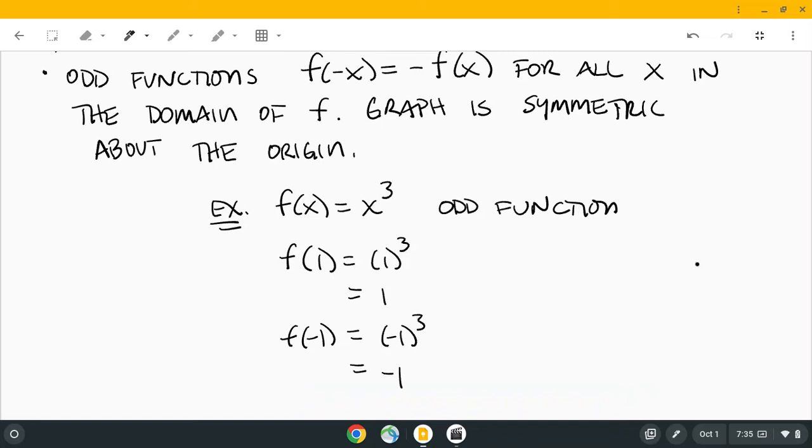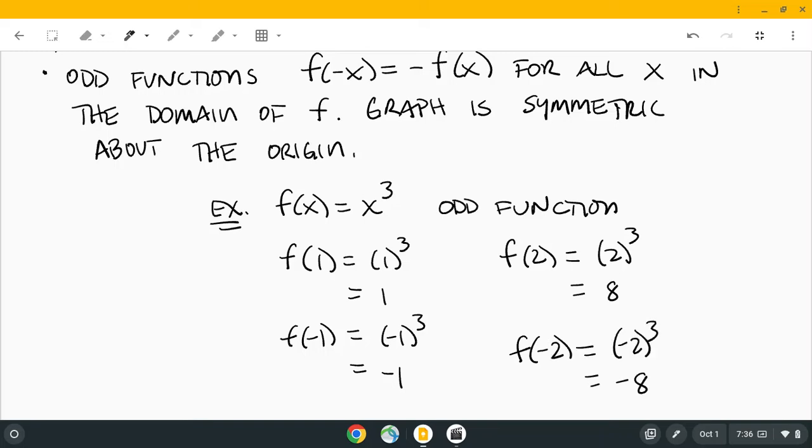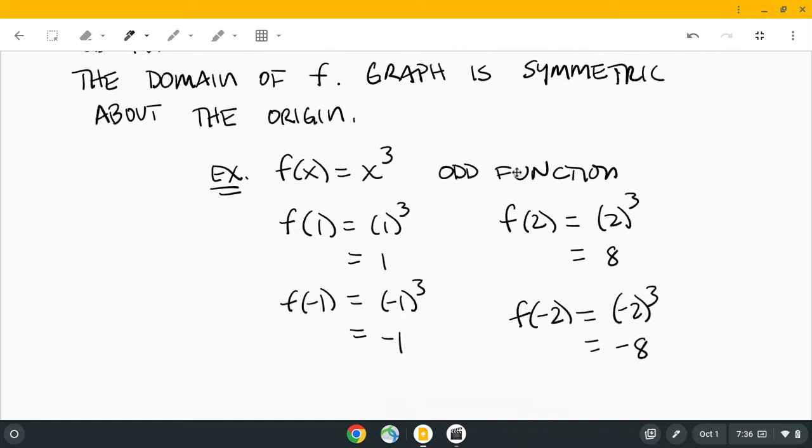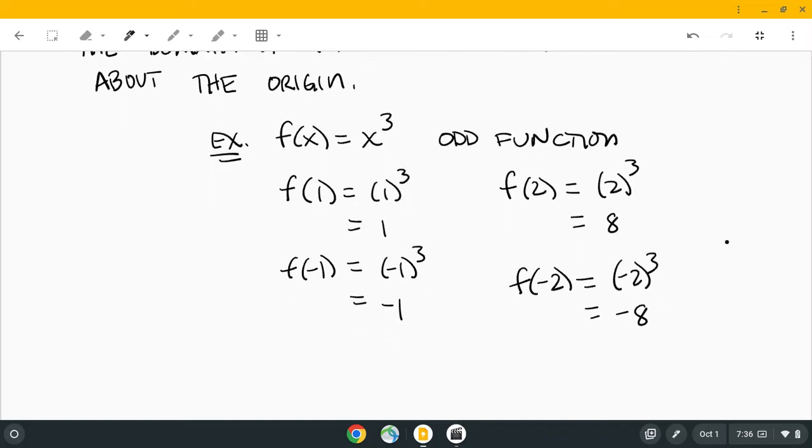And so that's what makes it an odd function. And this happens for all x. I'll just do one more example with the number 2 and -2. If we look at f of 2, 2 cubed, we get 8. But if I look at -2, I get -2 cubed, which is -8. So we see we don't get the exact same thing. We get the opposite. So when we get the opposite, then we have an odd function.